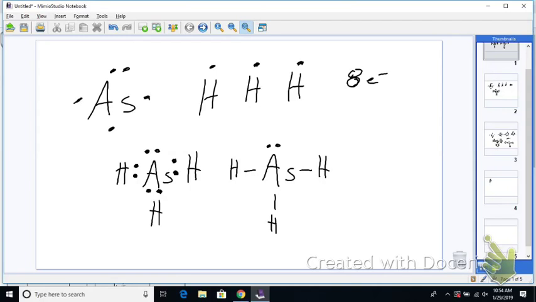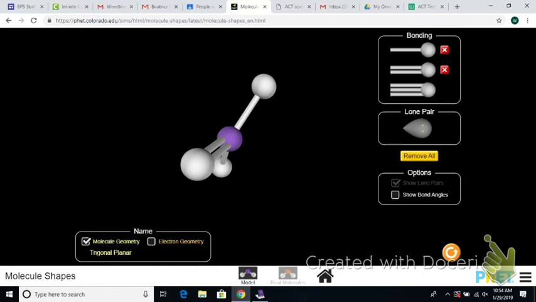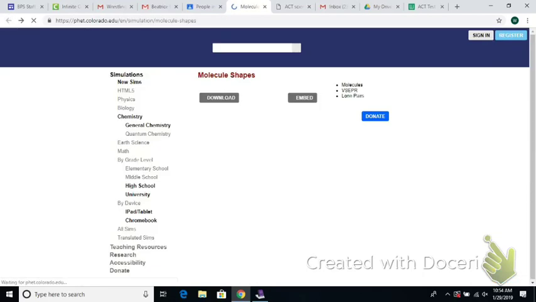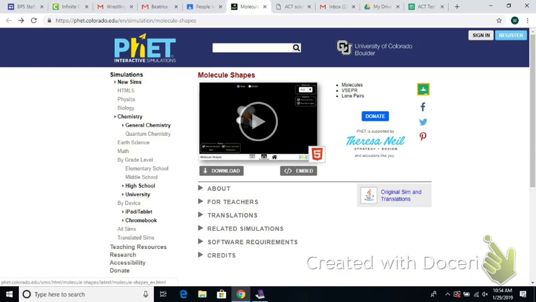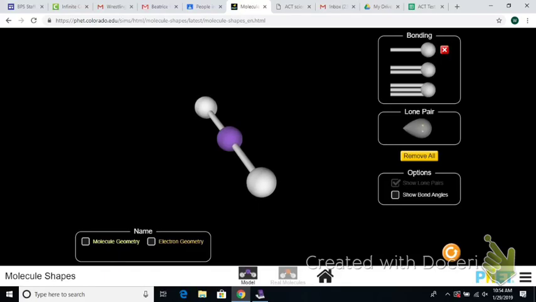Okay, so by doing that one, we're going to have you look at this. So you'll click on this where it says molecular shape, and you'll click on model. Okay, and you'll remove all. So you should end up with something similar to that.